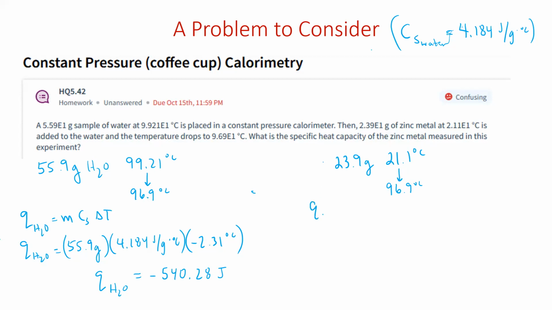Now we want to do the same calculation for the zinc. Q equals MC delta T, where we know the mass. I know the mass is 23.9 grams. I know I can find delta T because I know the initial and final temperature. We're looking for our specific heat of zinc. What's Q for zinc in this problem?